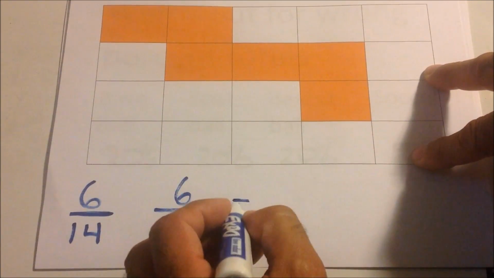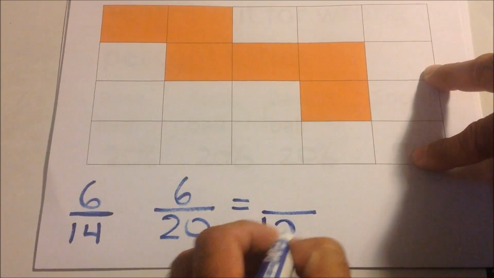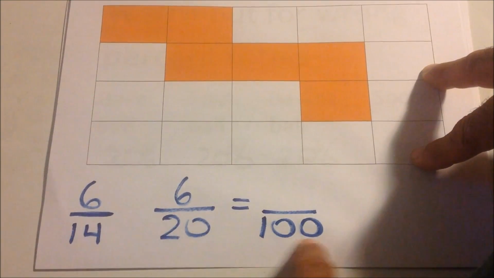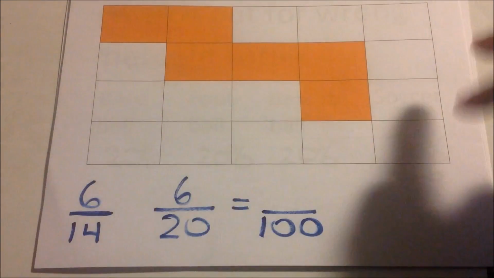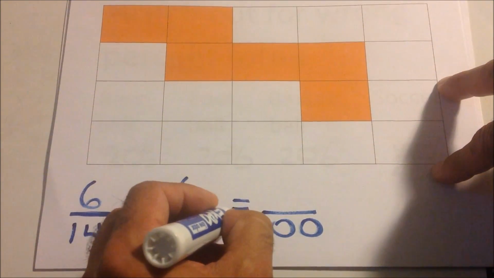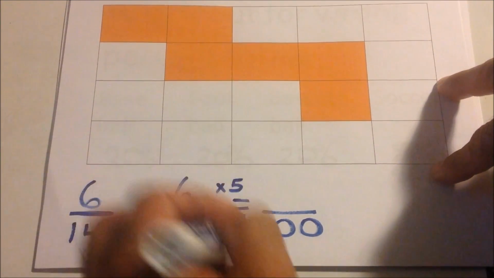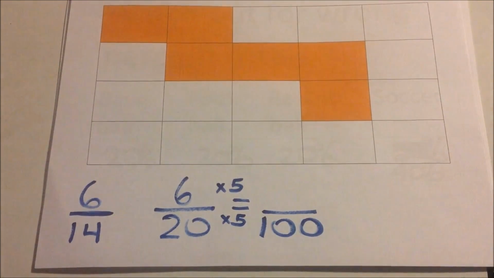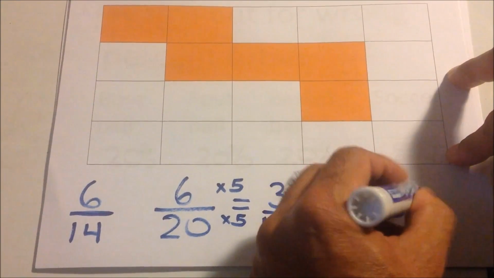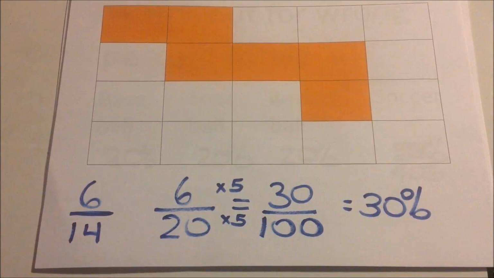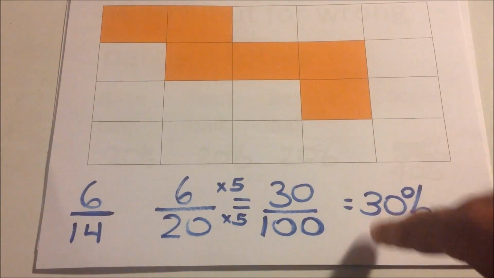One is to get an equivalent ratio. 20 goes into 100, we know that. So 20 goes into 100 how many times? 5 times. So it's just times 5 on the bottom and times 5 on top. Remember, you have to times it the same amount. 30 over 100 gives us 30%.